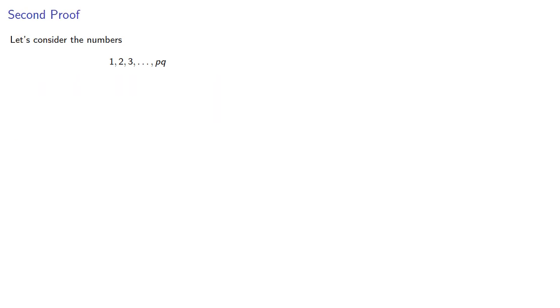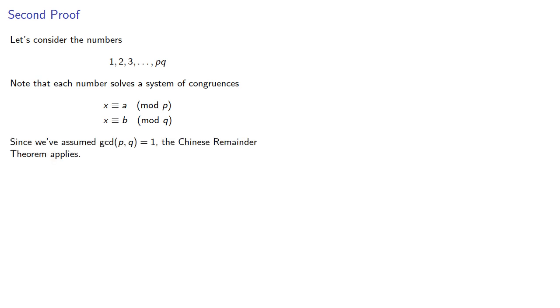So let's consider these numbers. Note that each number solves a system of congruences, x congruent to a mod p, x congruent to b mod q. Since we've assumed that the greatest common divisor of p and q is 1, the Chinese remainder theorem applies. And so there is a unique solution mod pq.